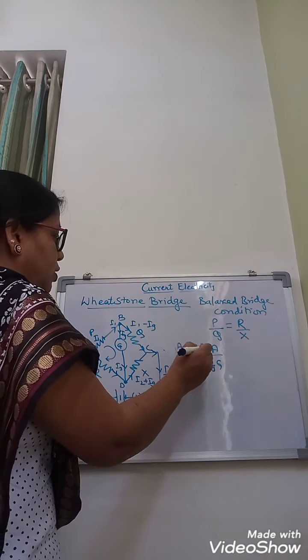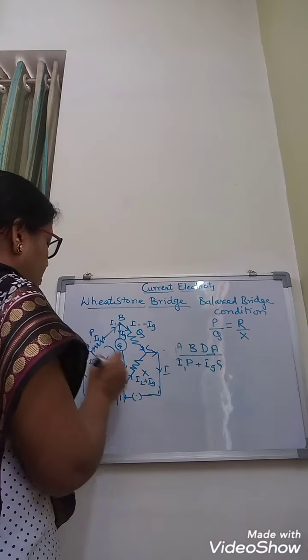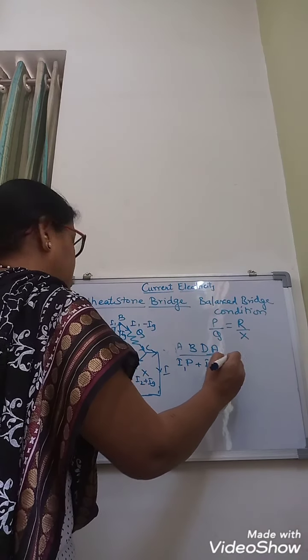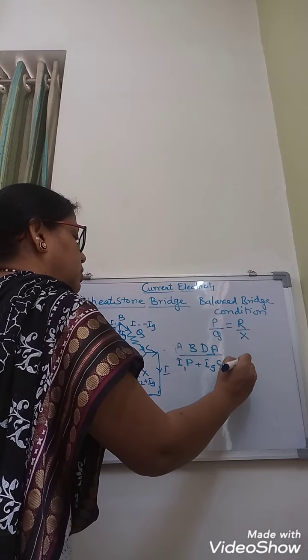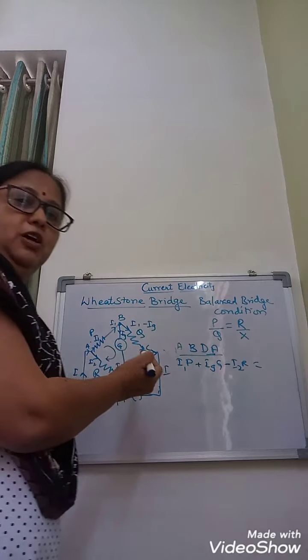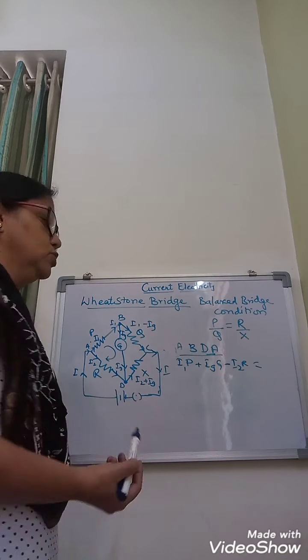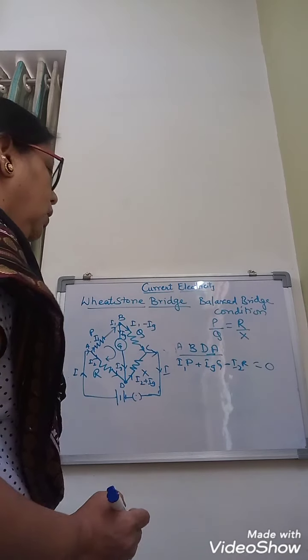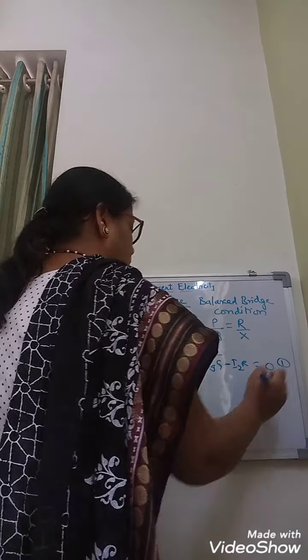Now we are going from D to A, but the current is going from A to D. So we take minus I2 into R. And since in this particular loop there is no source of EMF, we write it as 0. Okay, so this is our equation 1.